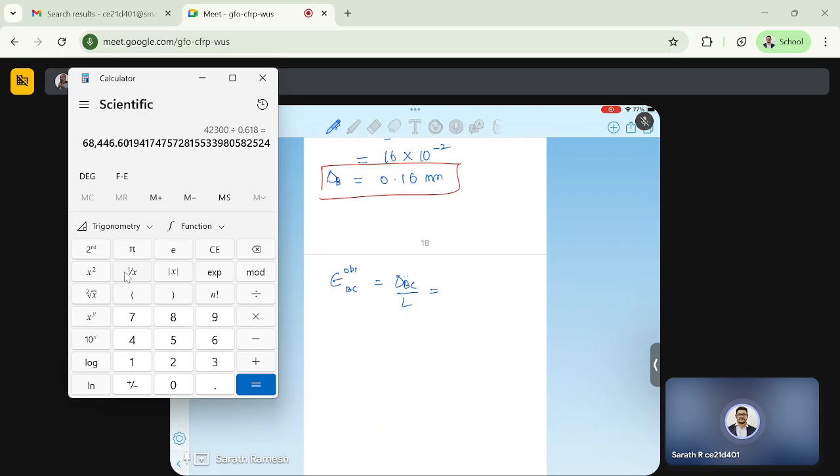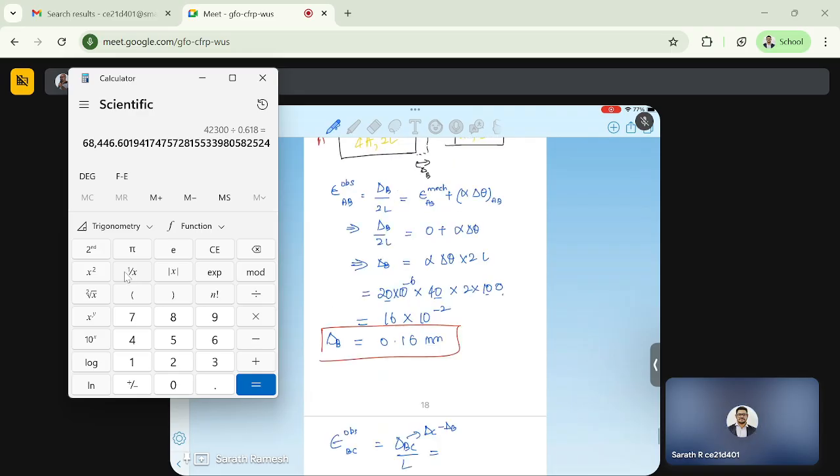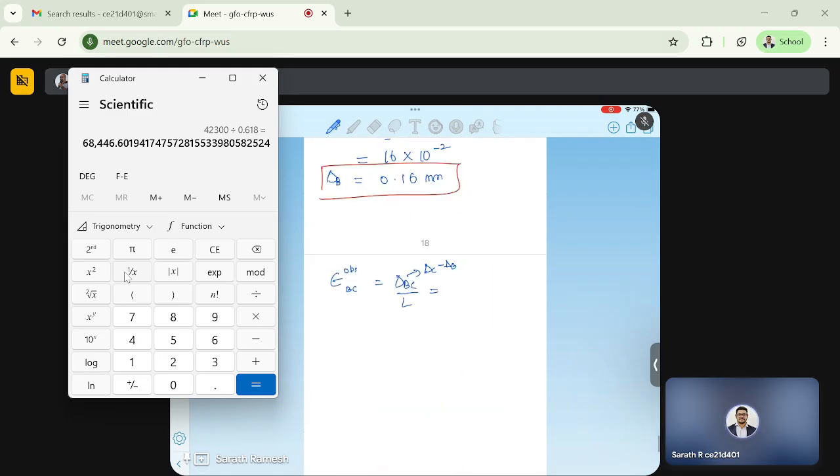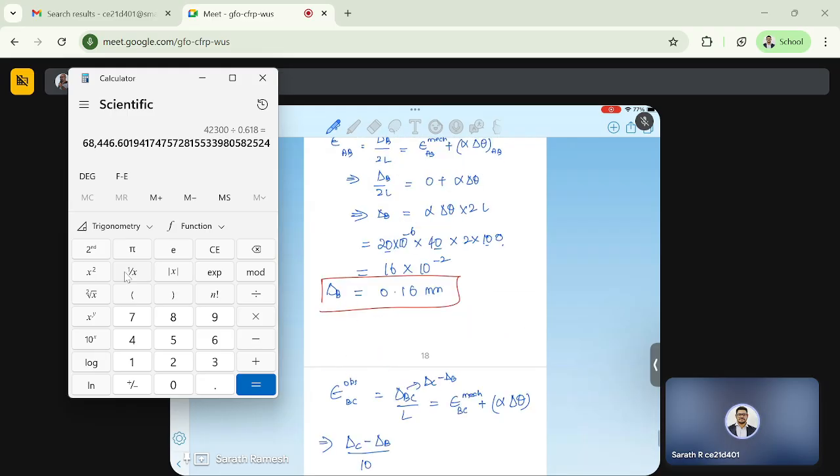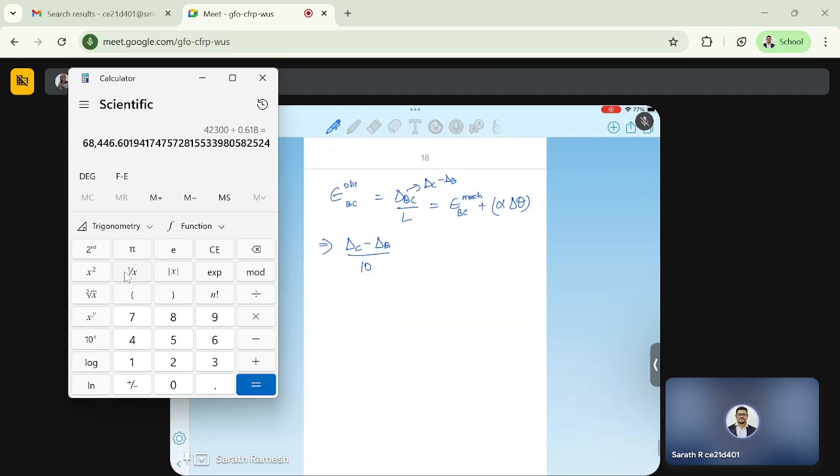Delta BC is nothing but delta C minus delta B by L. So this is equal to mechanical strain of BC plus thermal strain alpha into delta theta. Fine. So delta C we don't know, minus delta B, divided by length of BC, which is 10, right? Okay, the 2L is 100.